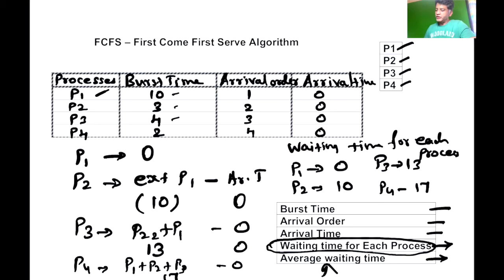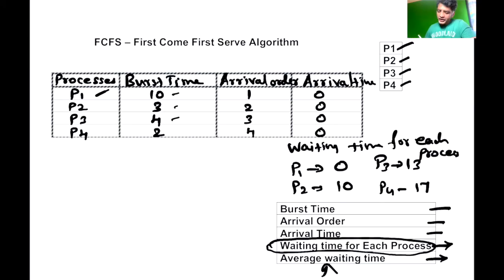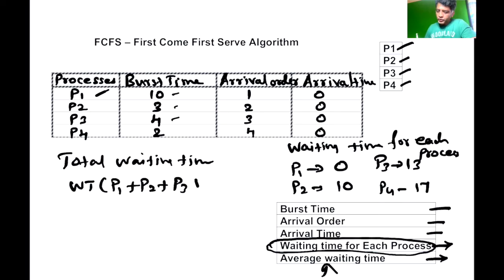Then we need to find out the average waiting time. Now we need to calculate the total waiting time, that is the waiting time of P1 plus P2 plus P3 plus P4.